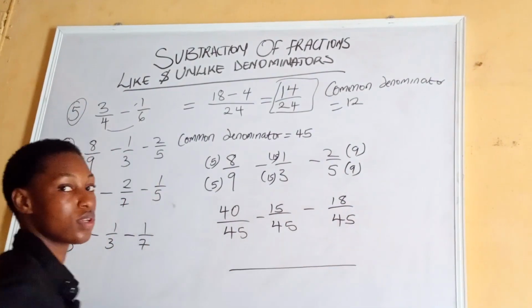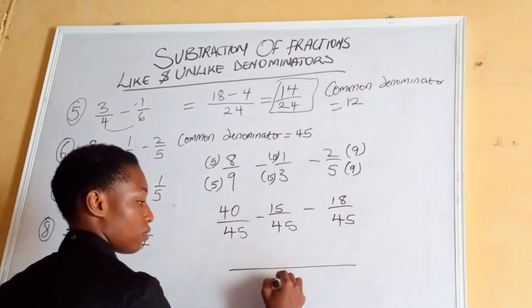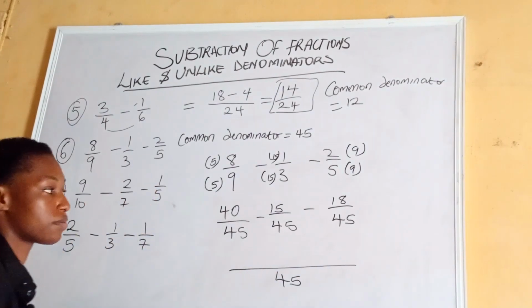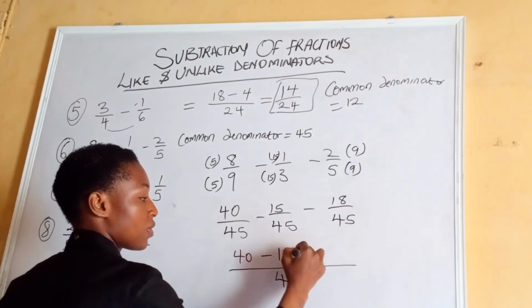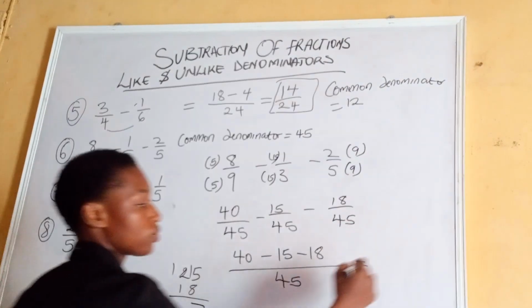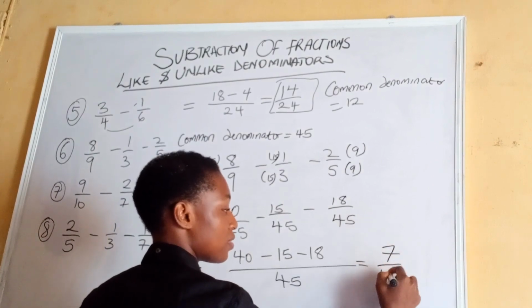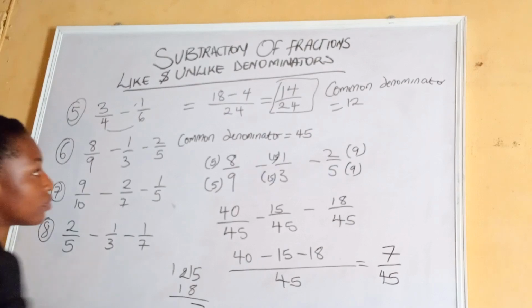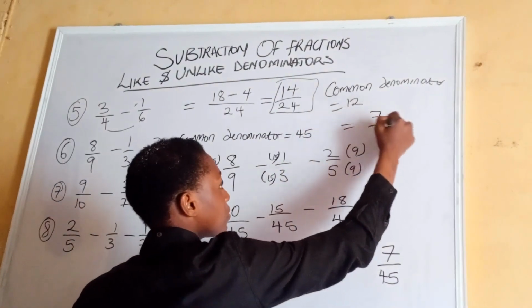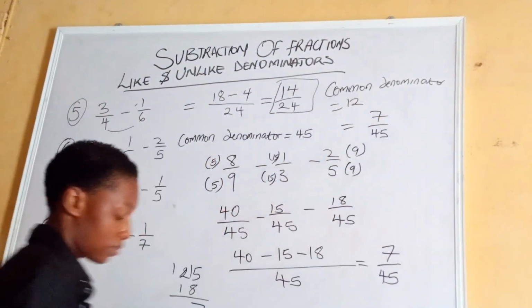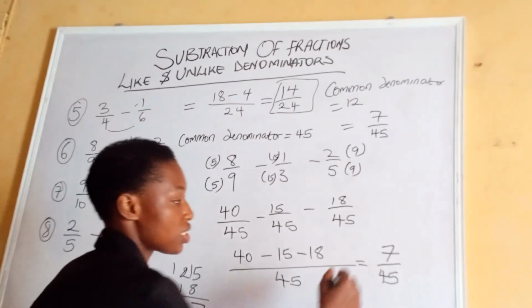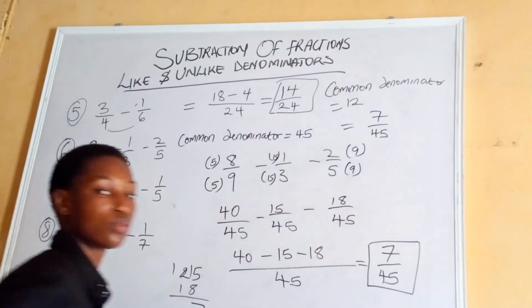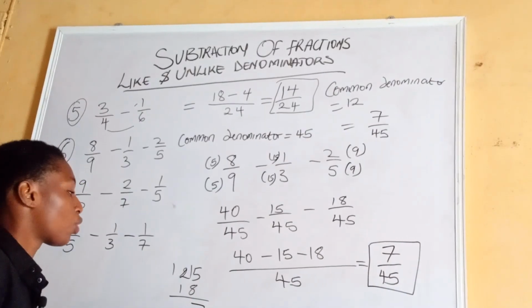Since the common denominators now are 45, 45 will be the denominator for everything. 40 minus 15 minus 18. So our answer here is 7 all over 45. It can't be simplified further. And that's how to get our answer. So this is just it. 7 all over 45.